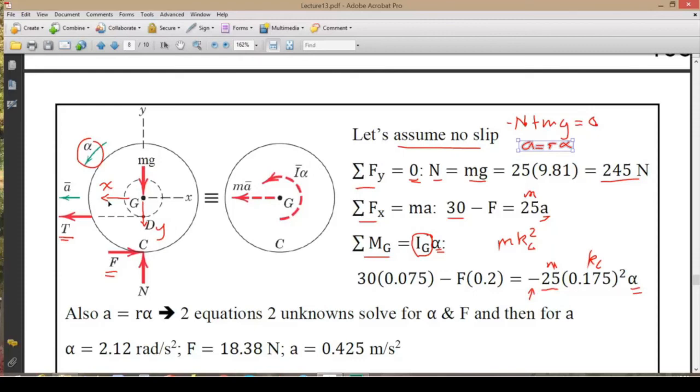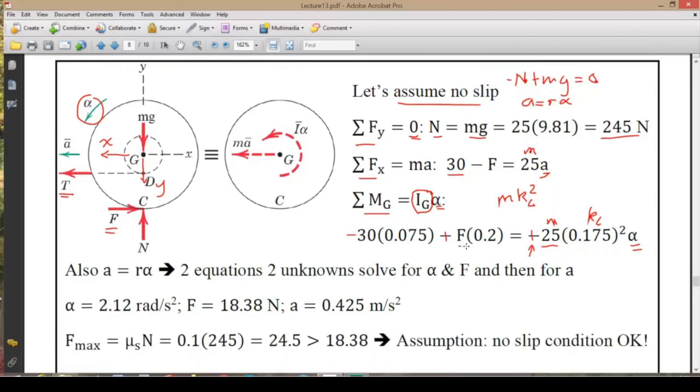But if I want to be consistent with my own selection of x and y, then z is going out of the board, and as a result of that, this has to be plus, this has to be minus the moment that is generated by the T, and the moment generated by this F, due to the right-hand rule, has to be a plus. And as you can see, we'll get the same answer. Nothing will be different by changing the way that we define the frames, as long as you're consistent with your selection.